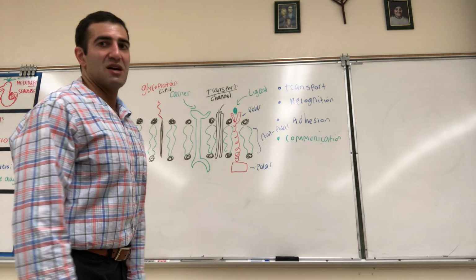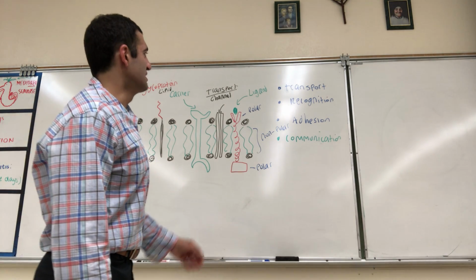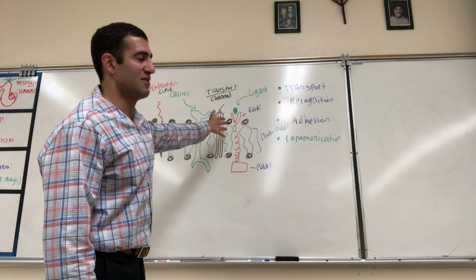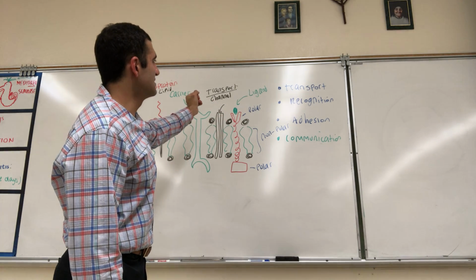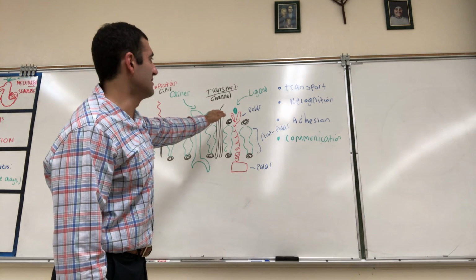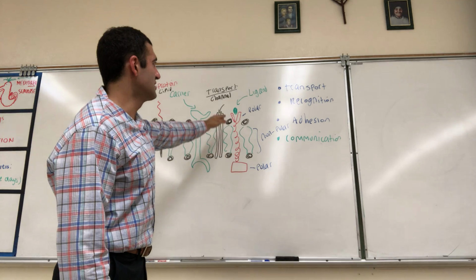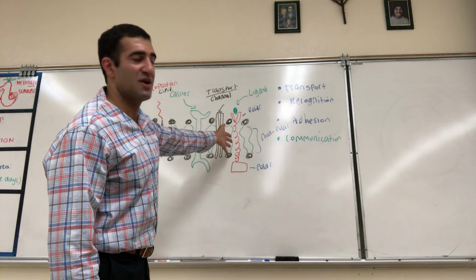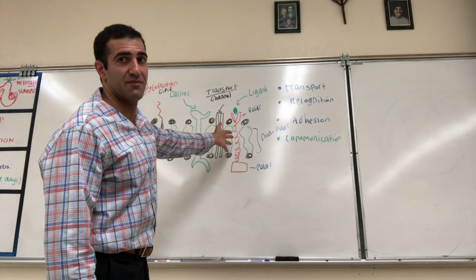So first let's talk about the structure of a cell protein. As you can see here, it spans the length of the membrane. The first part that we need to talk about is that the parts that face the outer membrane are polar. Parts that face the inner membrane are going to be nonpolar.